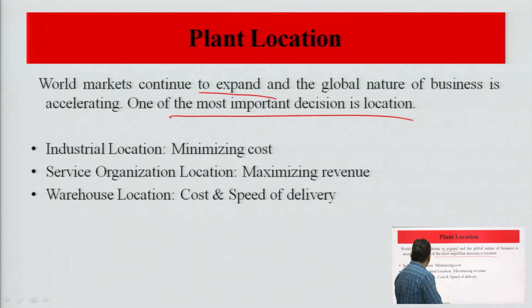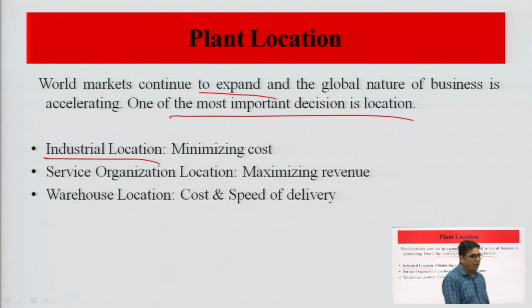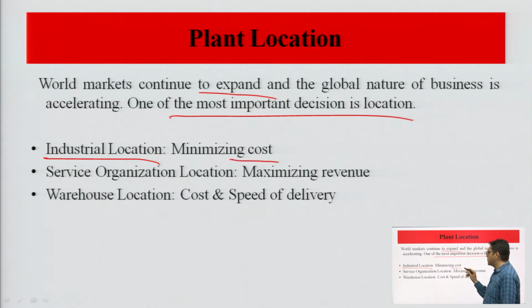Next, it is about industrial location. With industrial location, the objective is where we can establish our new manufacturing unit or new business unit. The primary motto in searching for a new business or manufacturing unit is to minimize the cost, so that the cost of operation or manufacturing can be reduced.